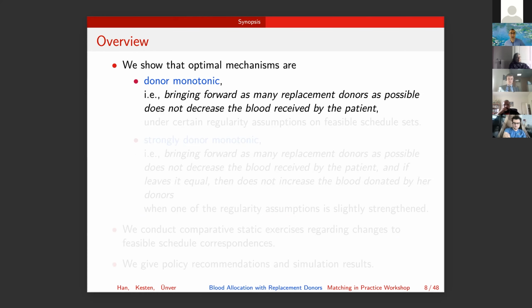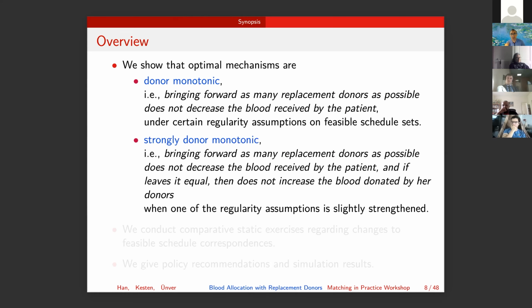Okay. So in this framework, we show that the optimal mechanisms are what we call donor monotonic, which means bringing forward as many replacement donors as possible does not decrease the blood received by the patient, under certain regularity assumptions on feasible schedule sets.